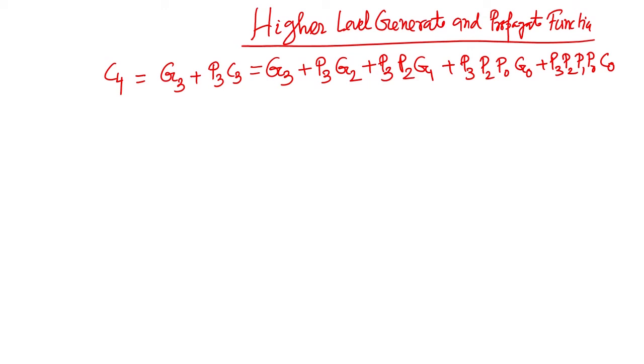What we assume here, wherever the G is there till this one, C4 we write this is G0. What we get?